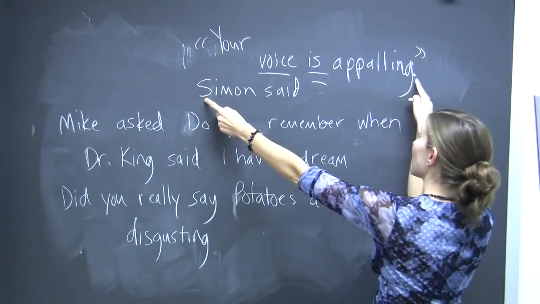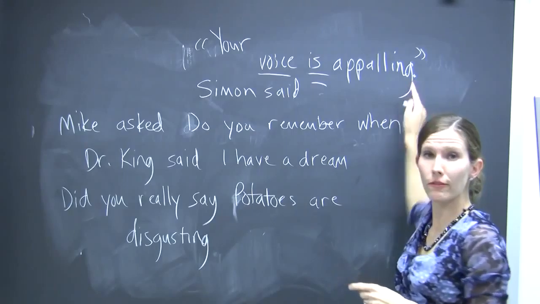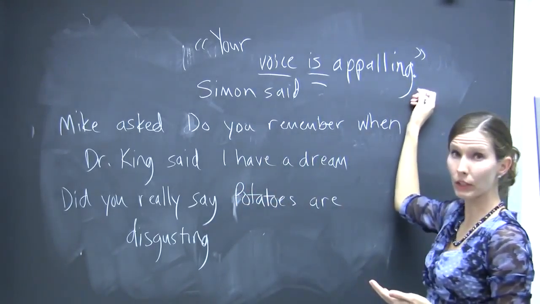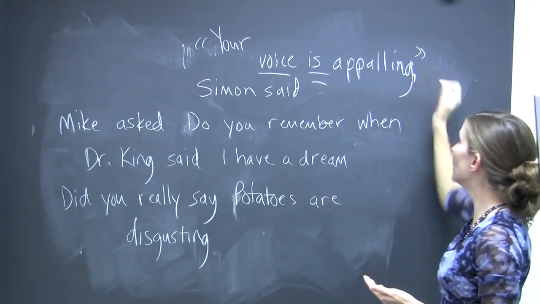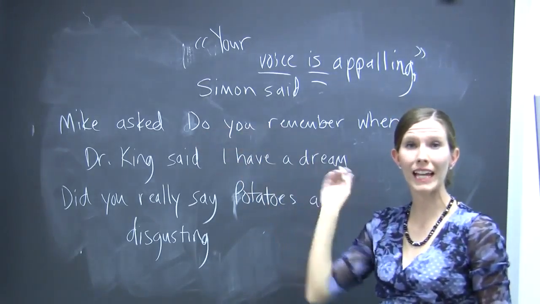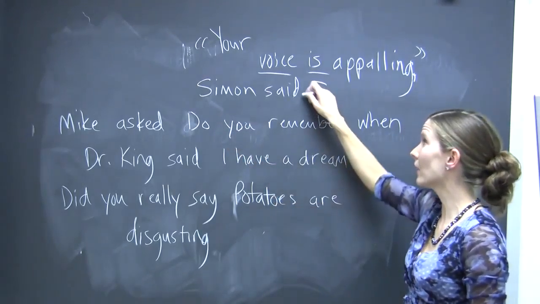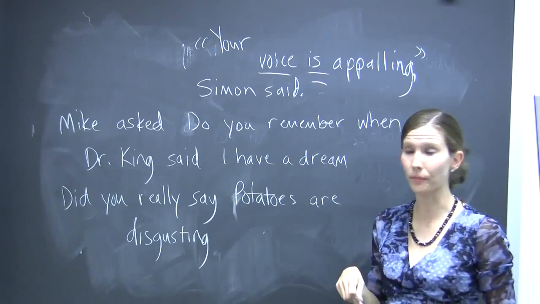But in this case, it would need to go here. As I said before, the punctuation always goes inside of the quotes, so the comma would go right here. I still need to punctuate the ending of my sentence. Now the last word of my sentence is going to be the word said, so the period would go right there.